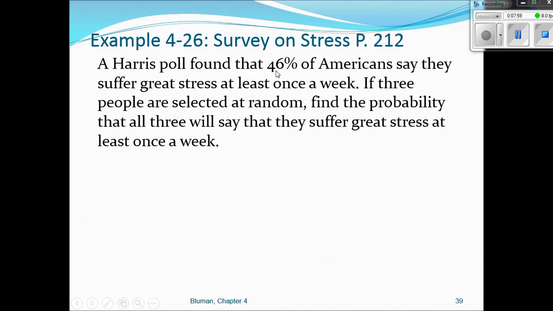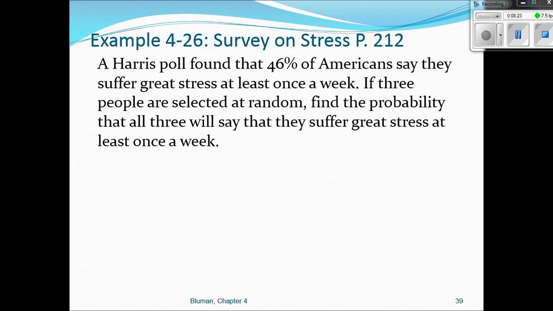The thing to think about is, is it independent or dependent? You may say, if we select one American, there's one less American to pick the next time around. When you're not given the exact numbers, and the next example will show you that, and you're just given a percentage, you need to assume that the events are independent.